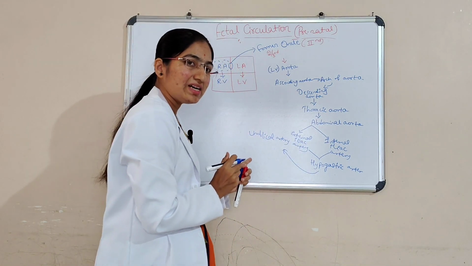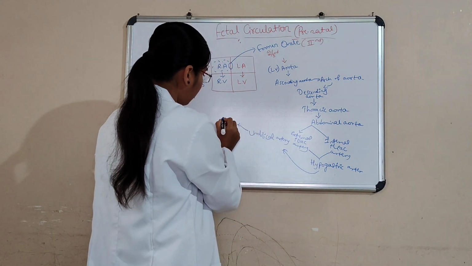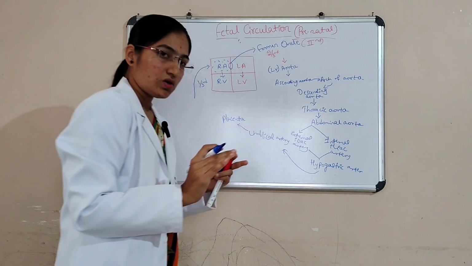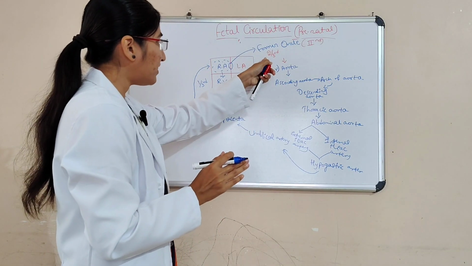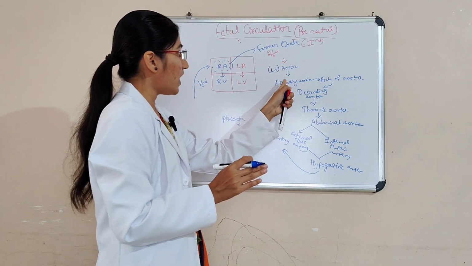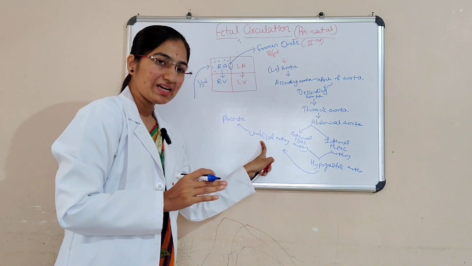From the umbilical artery, again it goes to the placenta. Here, listen carefully. Whenever the blood gets transferred from the aorta, and then these are the branches, and then that reaches the umbilical artery.